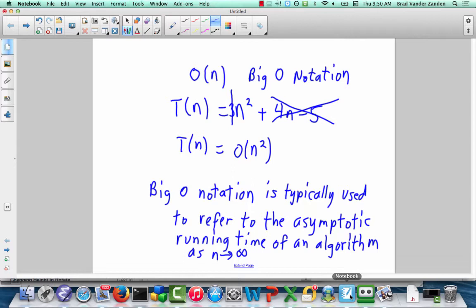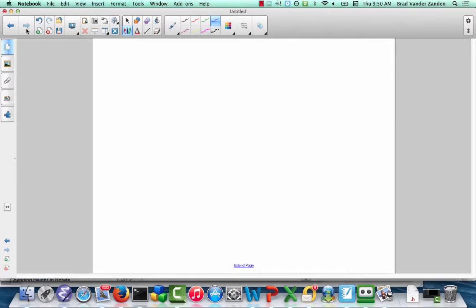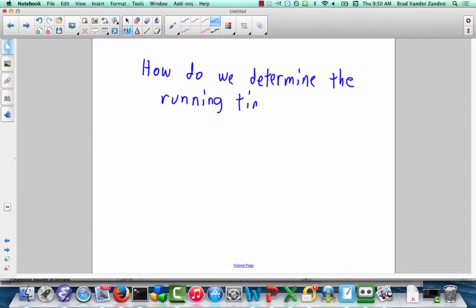So, we have a number of issues when we are trying to determine what is the running time of an algorithm. So, the big question is, how do we determine the running time of an algorithm? Because that's the most important.